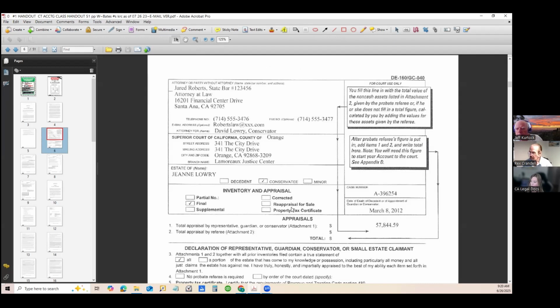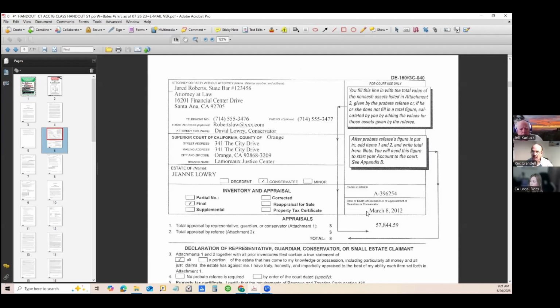Lastly is the reappraisal for sale. The only time I want to see this marked is if we're in a probate case where the pro per is given limited authority and they wish to sell the real property, and I need an appraisal within 1 year.